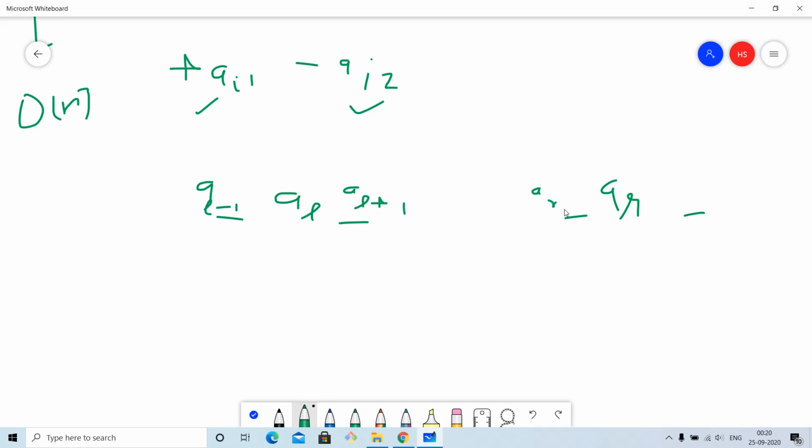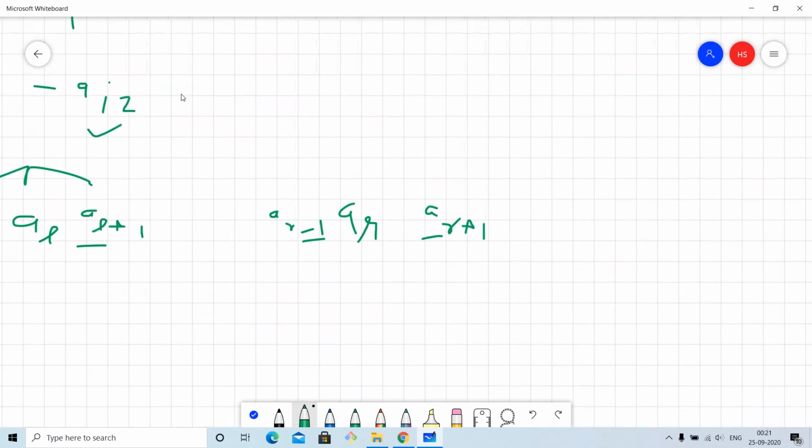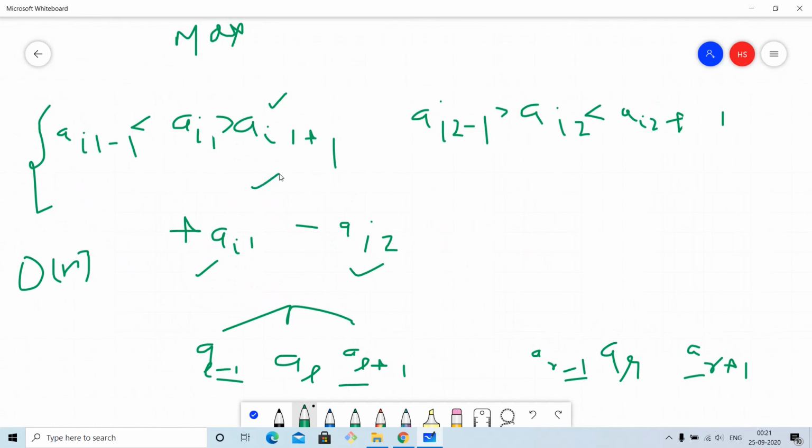Because they can contribute something to the answer, they might have contributed something which we calculated before the query, and now when we are swapping, that contribution will get lost. So we have to subtract the contribution of all these three elements from our answer if they are contributing anything, which we will check using this constant operation check, right?